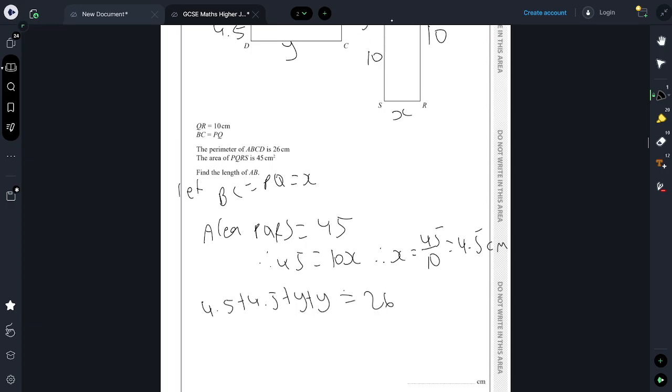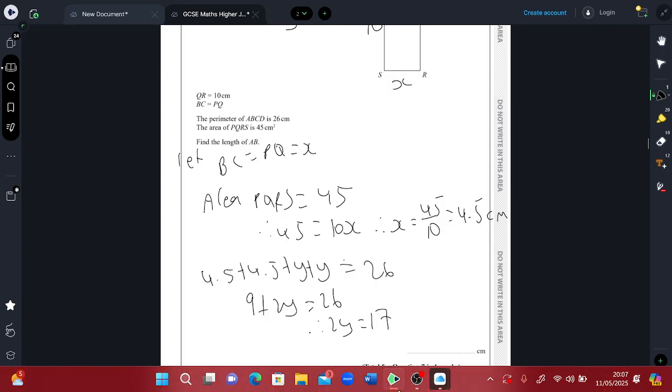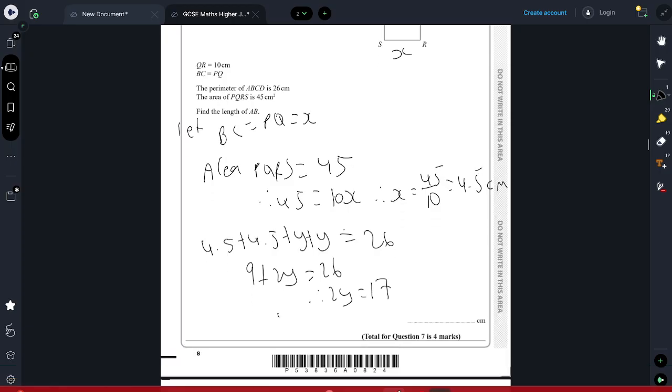And then simplify it to get 4.5 plus 4.5 is 9, and y plus y is 2y, and that's 26, which therefore means that 2y is 26 minus 9 both sides, 17. And that means y has to be 17 over 2, which as a decimal is 8.5.